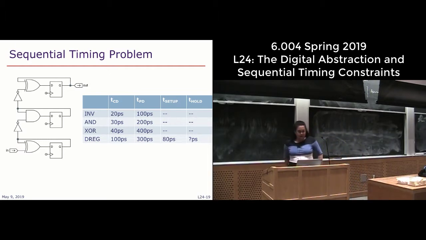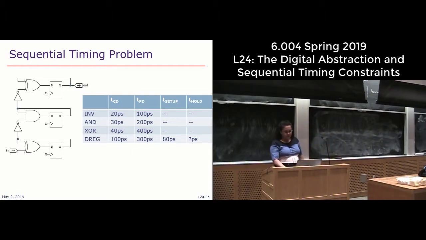What I've given you here is a sequential circuit that has 3 registers and a bunch of combinational logic between them. Here you have all of the parameters for each of those gates: a contamination delay, a propagation delay, and for the registers, a setup time. And we're actually going to have to figure out what that hold time might look like.